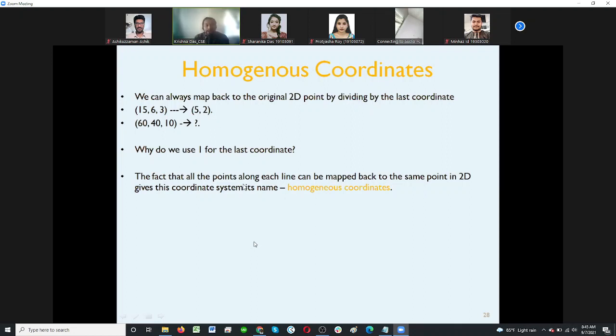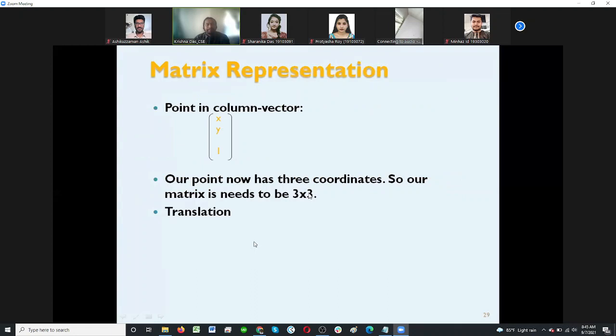All the points along each line can be mapped back to the same point in 2 dimensions, which gives this coordinate system its name. That is why it is called the homogeneous coordinate. Homogeneous means the same type.